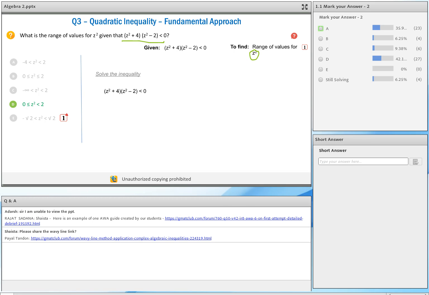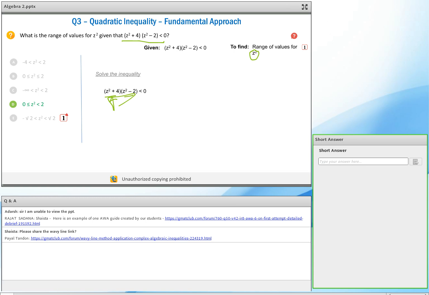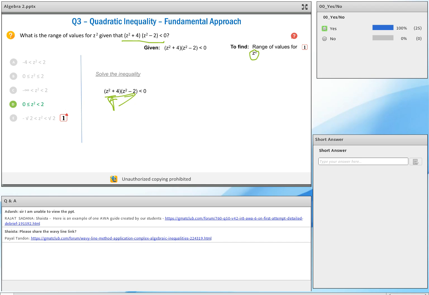Now for the product of these two numbers to be less than 0, what is the condition? The condition is that one of the numbers has to be less than 0, right? Now tell me, can z square plus 4 ever be less than 0? No. Right?